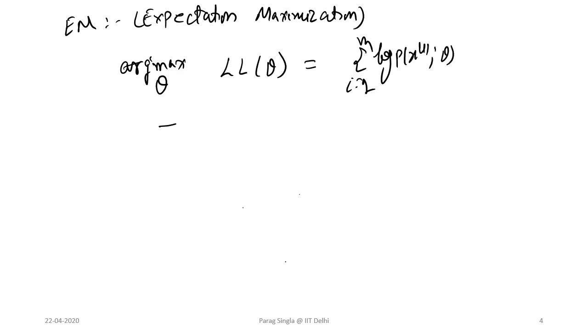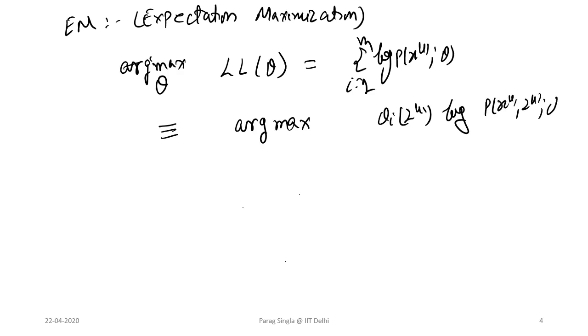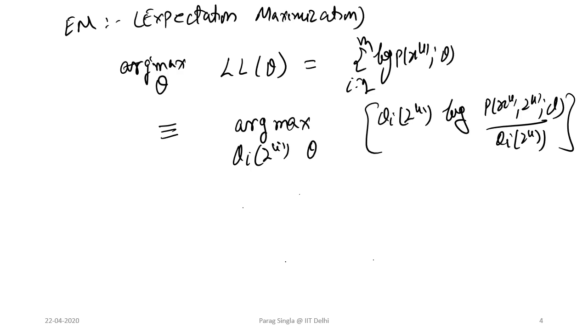But the EM algorithm can be seen as doing this via a two-step process, which is argmax of the expression which was essentially the expression for the lower bound, over Q_i(z_i) and theta, the two sets of parameters.